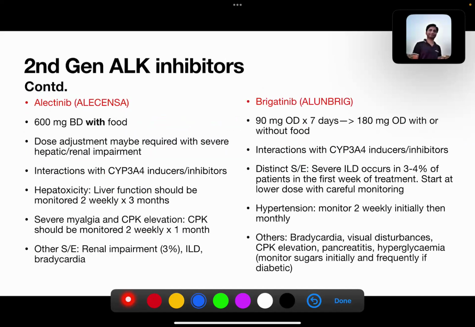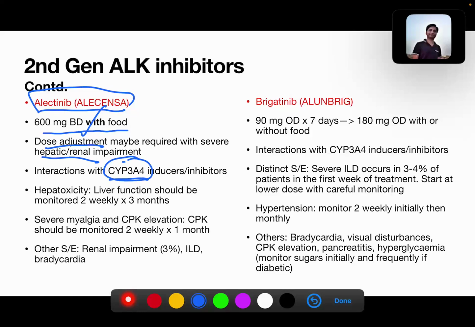Now, coming to the other second generation ALK inhibitors, you have alectinib, which is very commonly used. Until recently, when we had lorlatinib, alectinib was the preferred second generation ALK inhibitor, right? 600 mg BD with food is the approved dose. Dose modifications might be required for hepatic or renal impairment, and interactions with CYP3A4 inducers and inhibitors are seen. Common toxicities are hepatotoxicity, so liver function should be monitored two weekly for the initial 3 months.